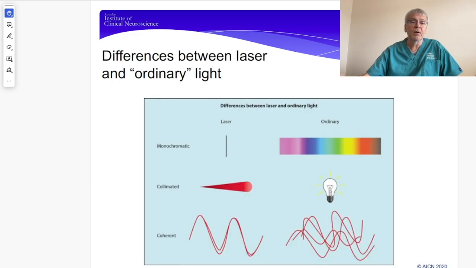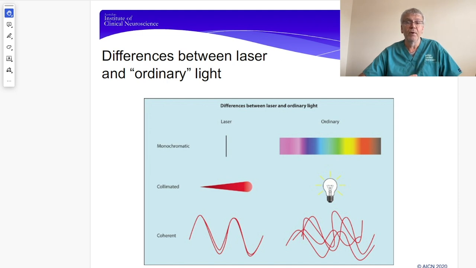So let's talk a little bit about what is the difference between ordinary light and laser light. So you go out into the sunshine, you're going to get some light. So how is that different from the laser? Well, basically, laser is monochromatic. So it is usually limited to one or a very narrow range of wavelengths. Most of the time, one wavelength.